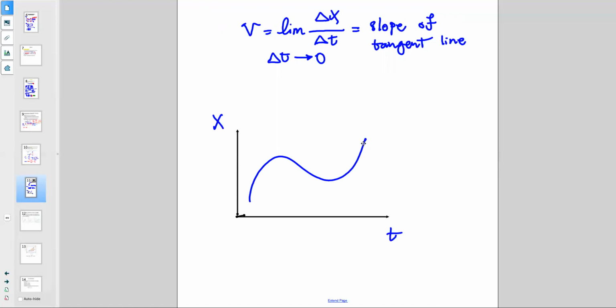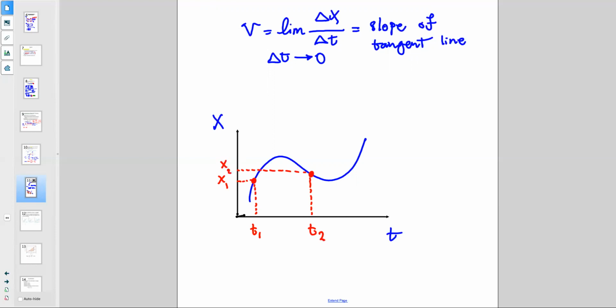So what it does is showing you the position of the object at different times. For example, at this point, the time is t1, and the object is located at x1. At this point, the time is t2, but the object is located at x2.